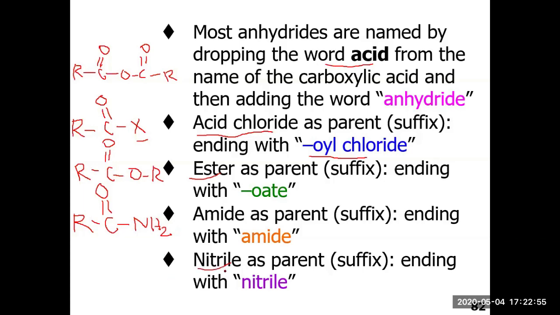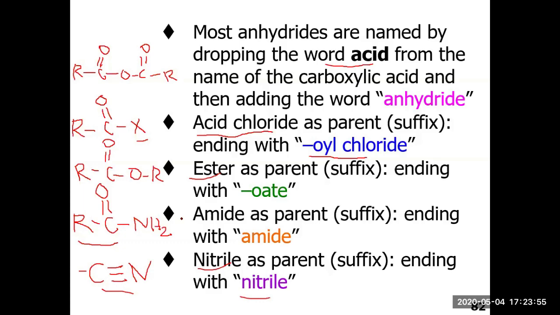Nitriles have a very different structure because they don't have the acyl group. Rather, nitriles have a carbon that is bonded to a nitrogen. So C triple bond N is a nitrile. How do we give names for esters? The ending will be oate. For an amide, the ending is amide. And for nitriles, the name ends in nitrile.